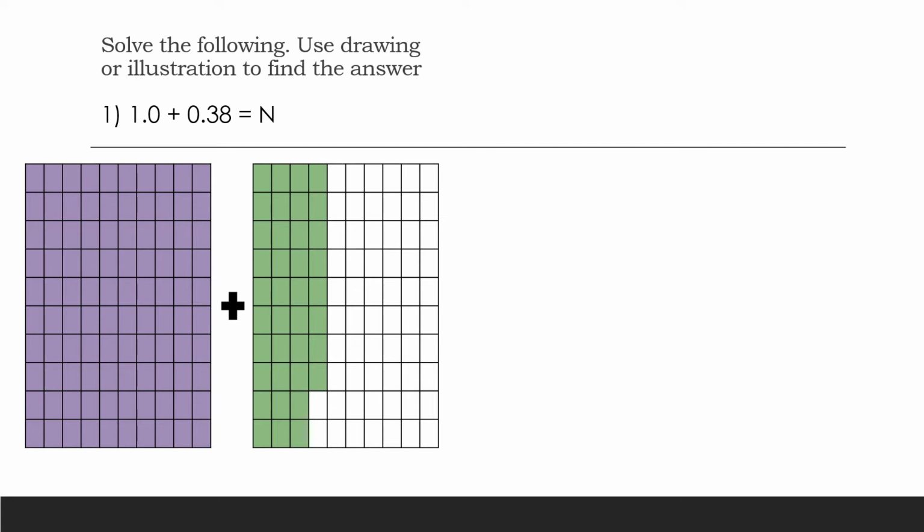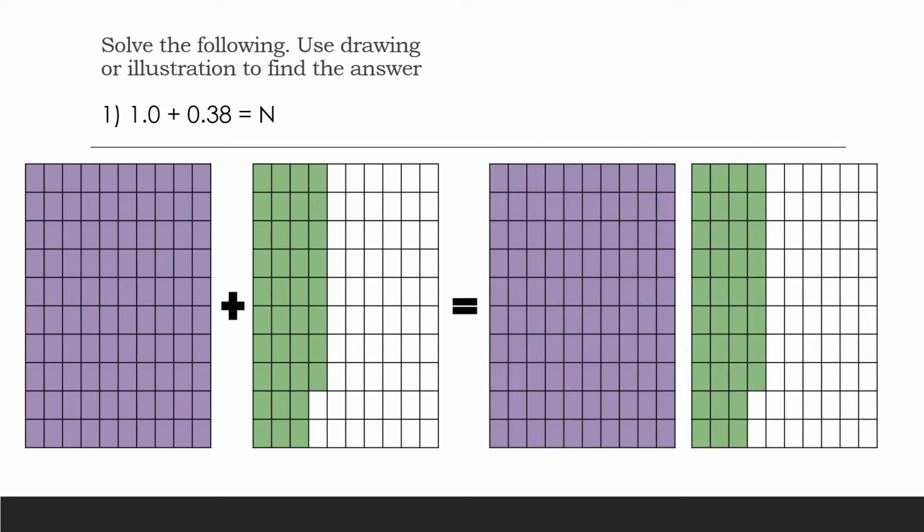Now, to get the answer, that is 1 and 38 hundredths. To solve, ayan yung ating given, 1 plus 0.38. Pwede tayong maglagay ng 0 as placeholder sa missing place value natin. Then, add like whole numbers. Again, align your numbers according to their place value.